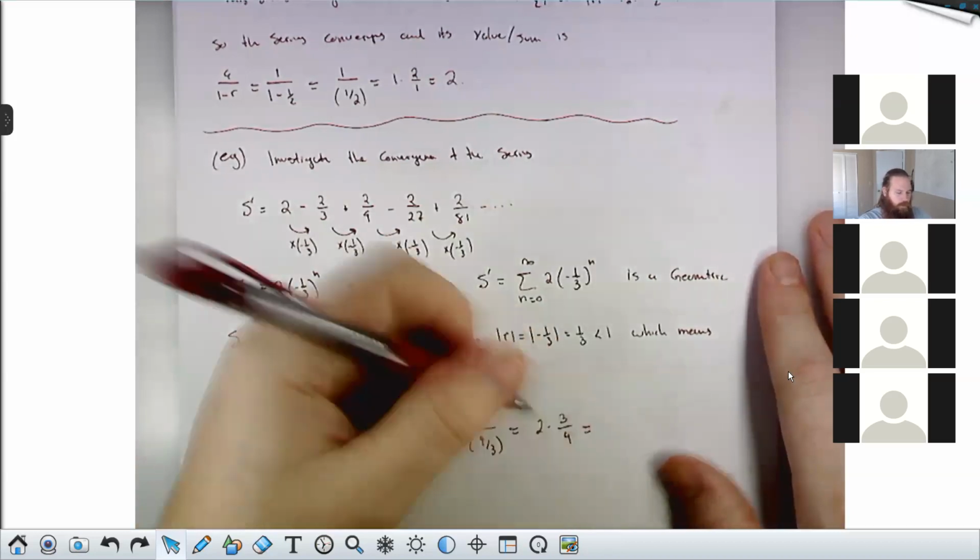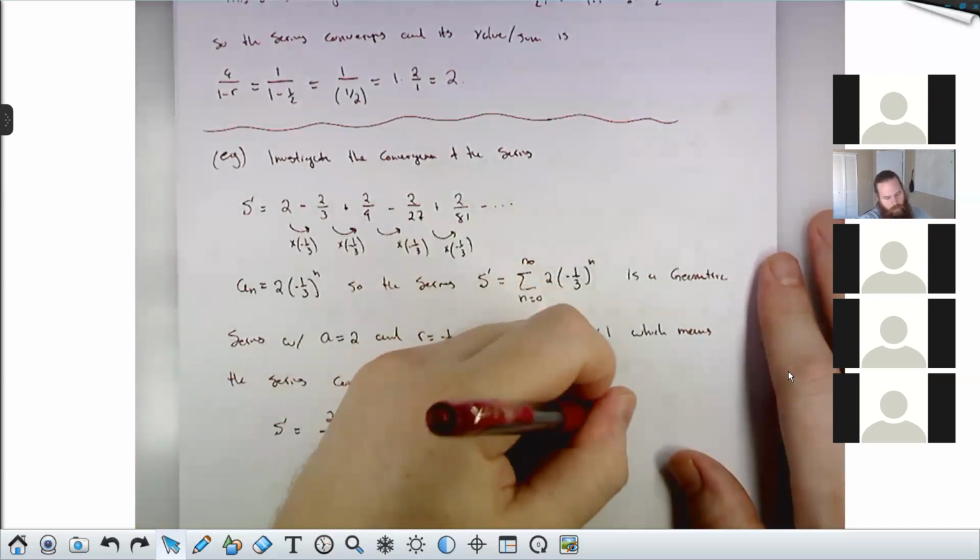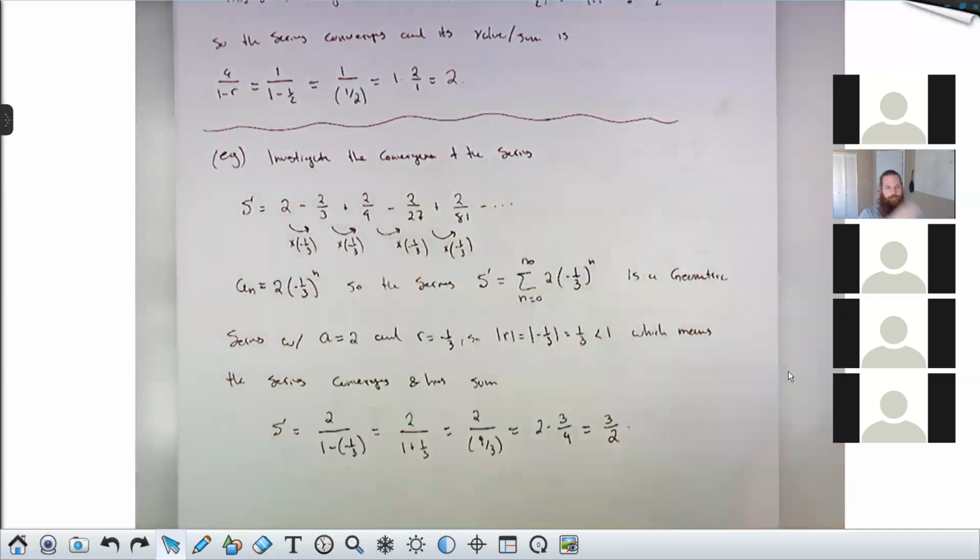You can cancel the 3 and the 2 and the 3/4, and you get 3/2. So if you add up all the terms of this sum, you'll get 3 over 2, 1.5.